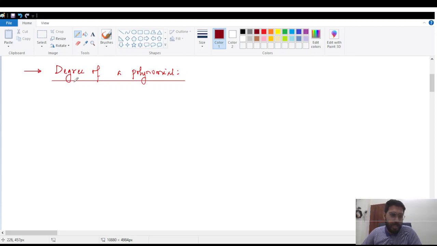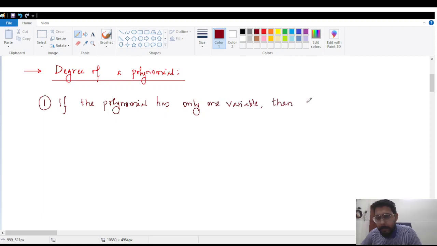Stage number 1: if the polynomial has only one variable, then degree is the highest power of that variable.